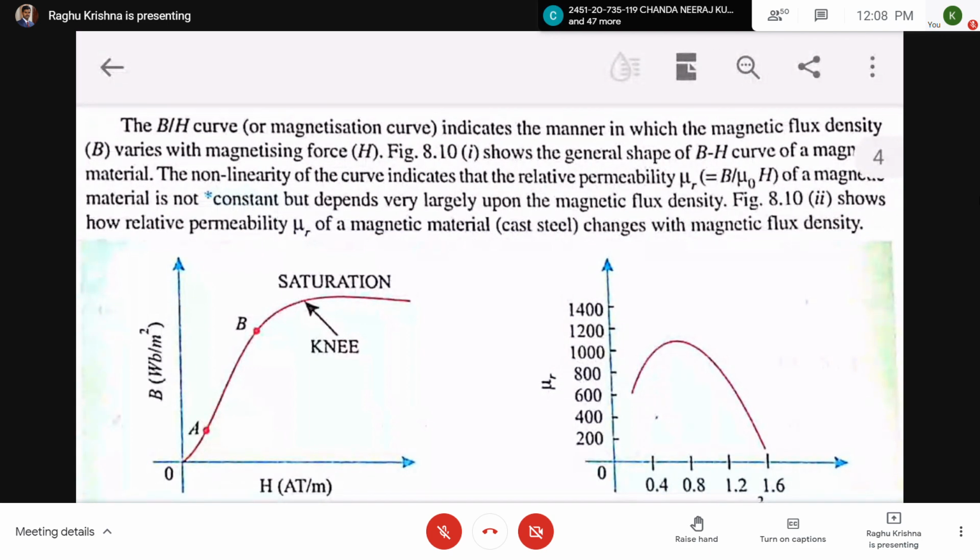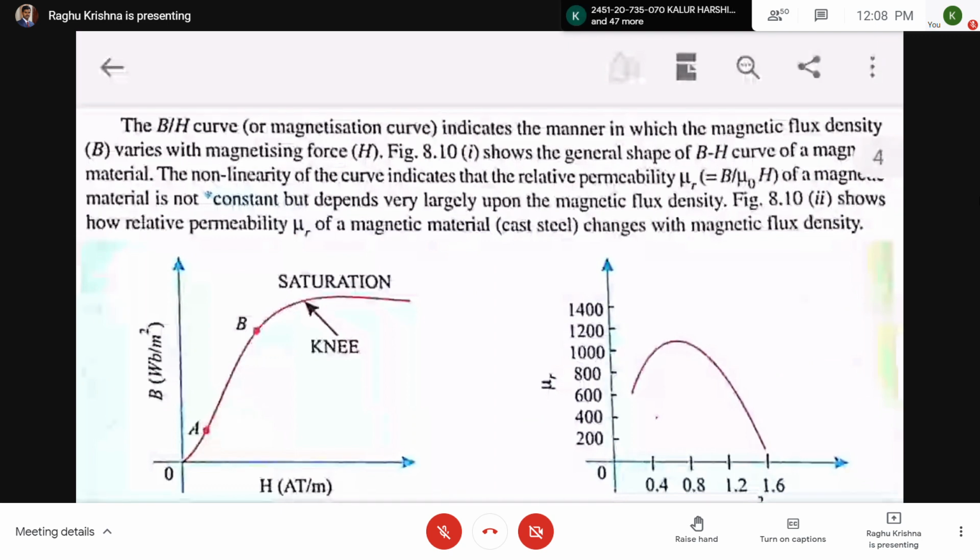Next, if you increase the magnetizing force, flux density increases, right? On the left side of the figure you can see, as you increase the value of H, B also increases. Here you can see points A and B on the curve. From A to B it is linear. So the flux density is increasing linearly with H.